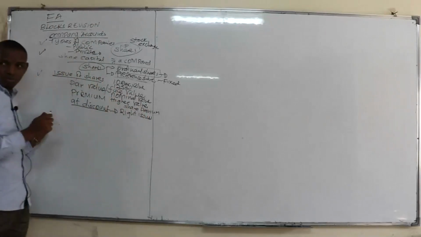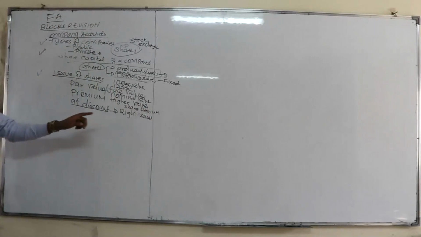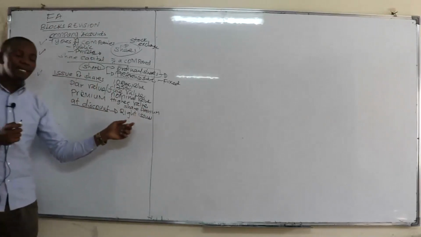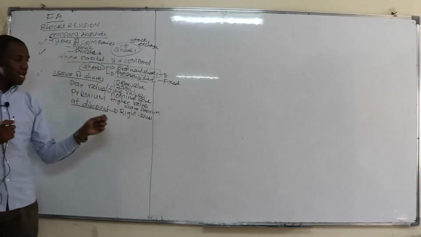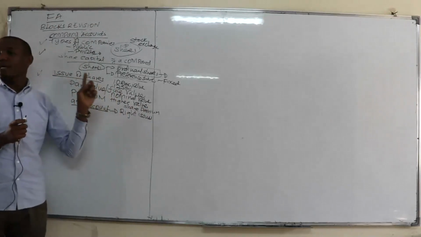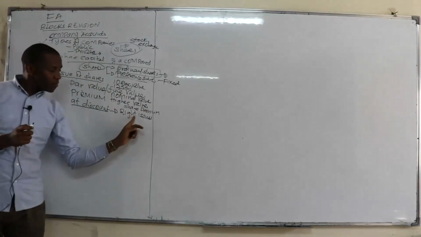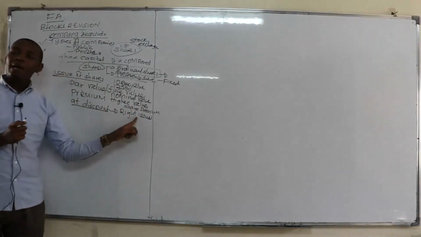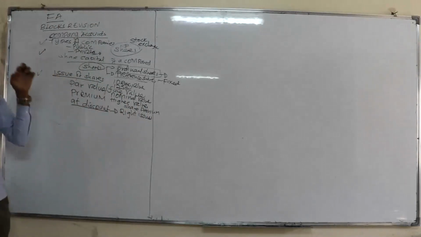And what is the rights issue? Now, rights issue is the method of raising additional ordinary shares by issuing shares at a price that is slightly below the par value, but this is to the existing shareholders.